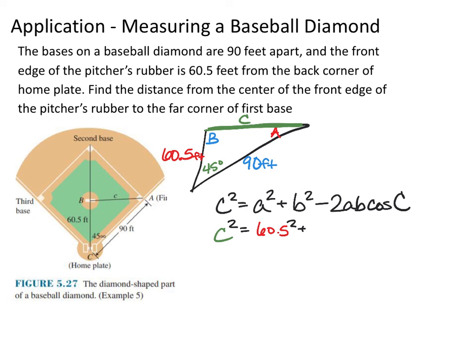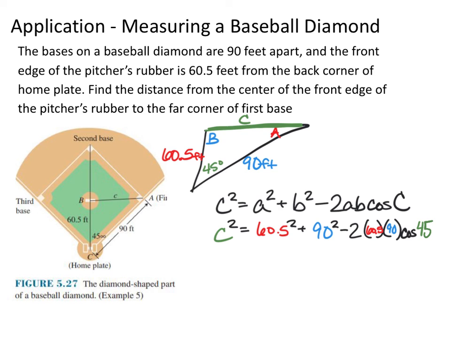We know B is 90. Times the cosine of 45. We know the cosine of 45 because it's part of our hand trick, but we can just use a calculator on this one.